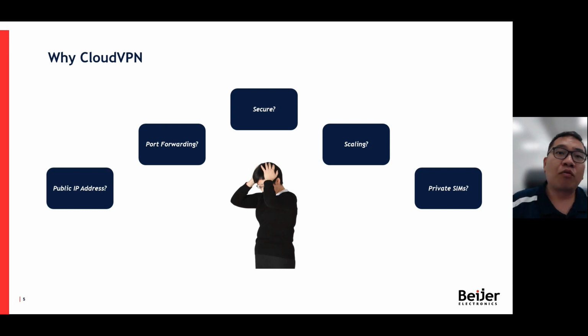After that, we really have to think through the security of having public IPs or having port forwarding set up on your routers. Next, we might always think of scaling, because once we have installed one site, when you want to expand it, you have to choose hardware that is future-proof, so that it will be much easier for you to scale.